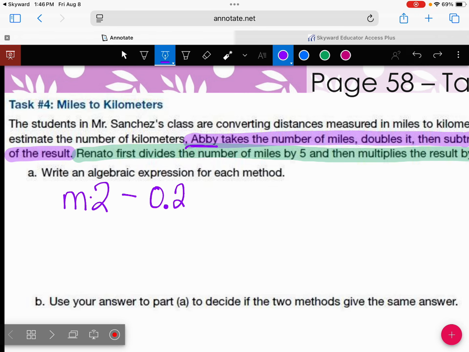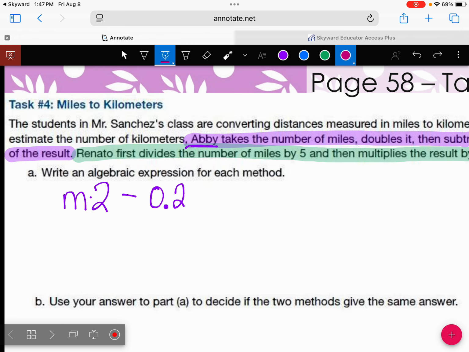So how do we say 20% of the result she had? 20% of what piece? Of the number of miles, but after times 2.